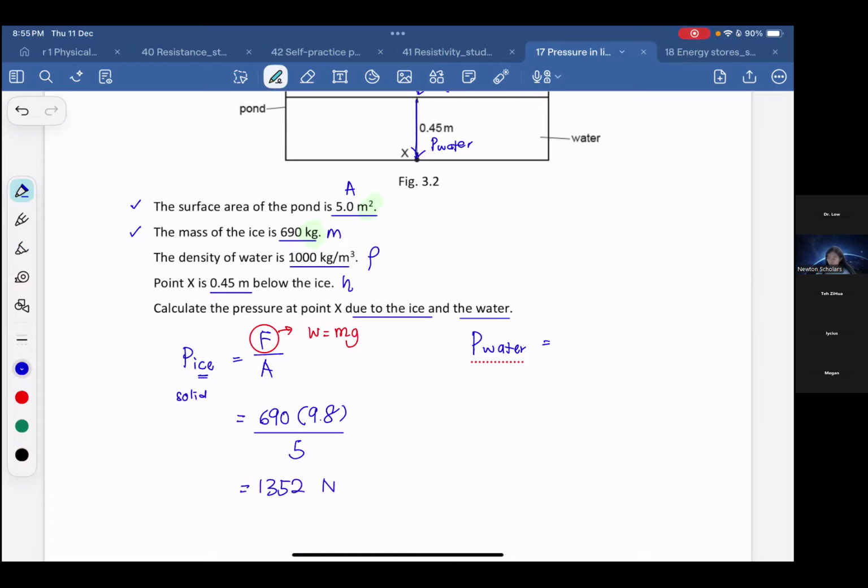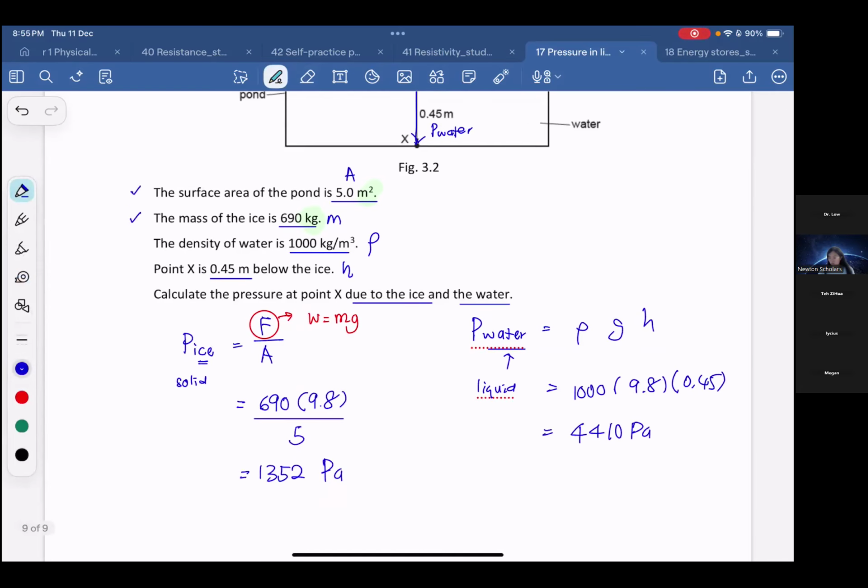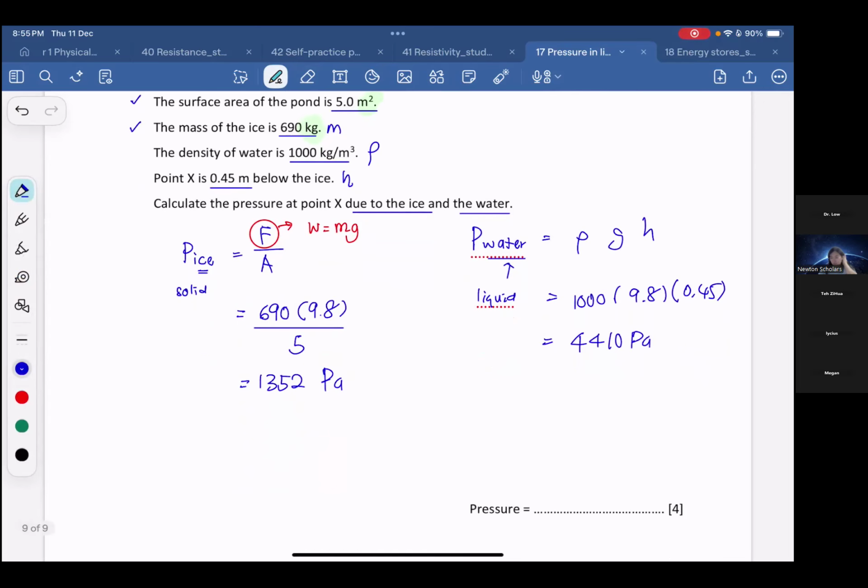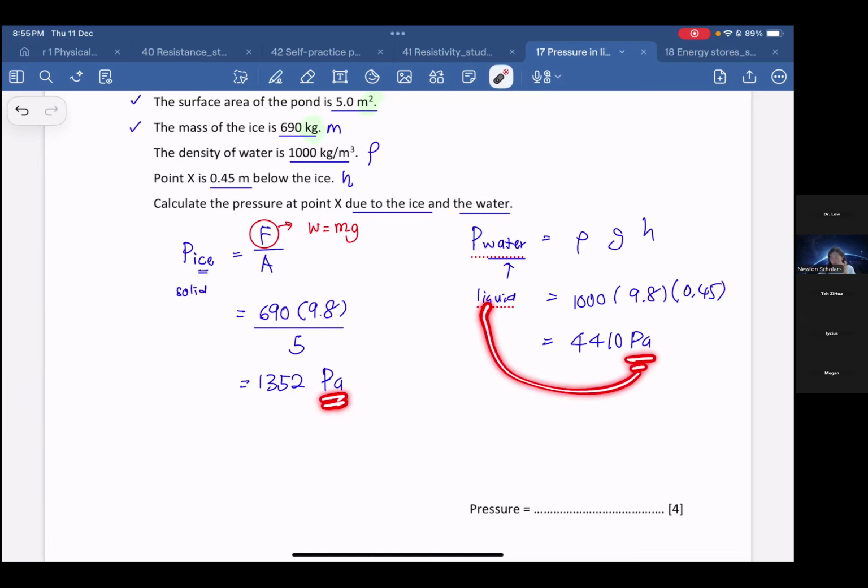Okay. Then water. Water is liquid. This is liquid, okay, rho gh. So here, this one is 1000 times the g 9.8 times the h, which is the depth. So here, 4410 Pascal. Oh, sorry, this is not Newton. See? Even teacher also can make careless mistake. Every time we look at the unit and then we go back and see what physical quantity we calculate right now.